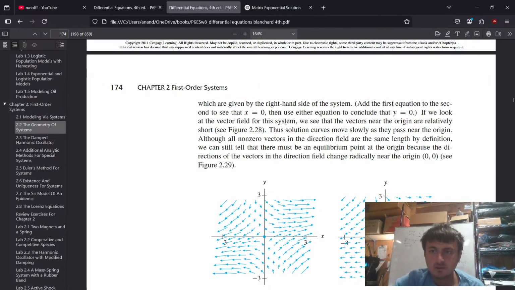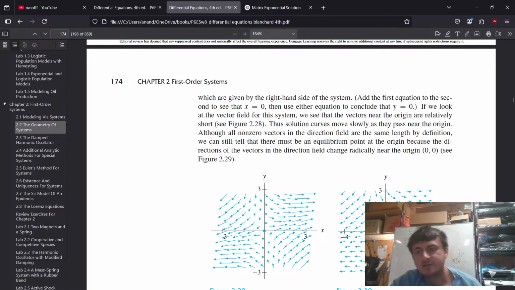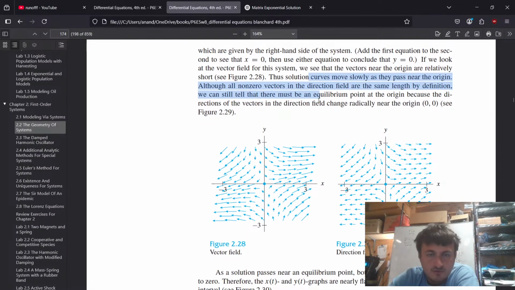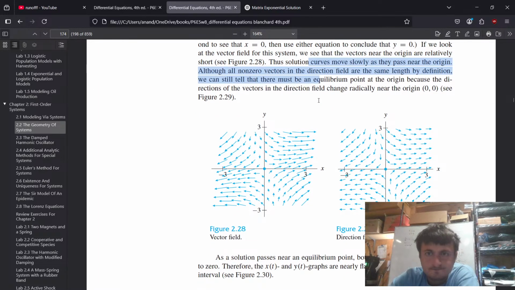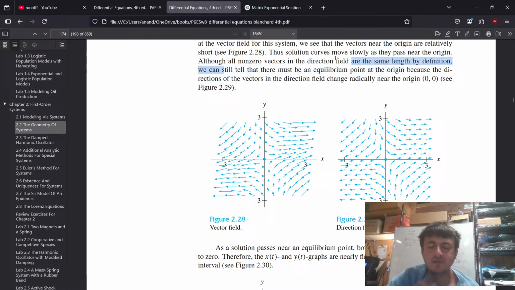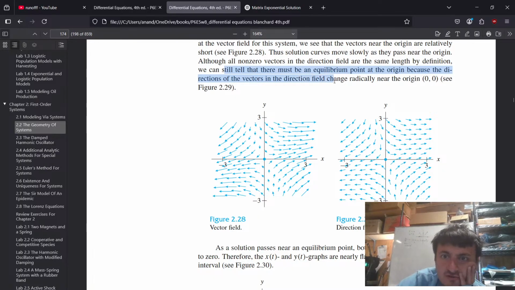Okay. If we look at the vector field, we can see that the vectors near the origin are relatively short. Thus, solution curves move slowly as they pass near the origin. Oh, interesting. We can still tell that there must be an equilibrium point at the origin because the directions of the vectors in the direction field change radically near the origin.